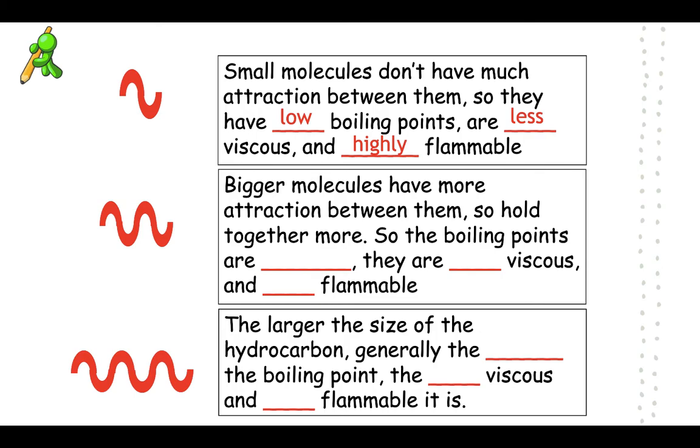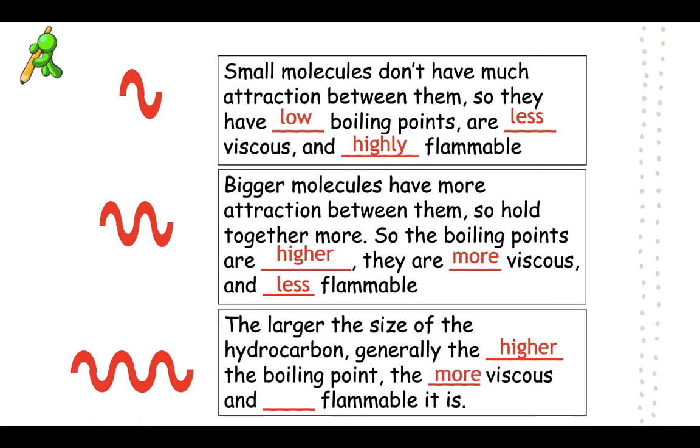Bigger molecules have more attraction between them, so they hold together more, and this means that their boiling points are higher. They're more viscous, which means they're thicker liquids, and they're less flammable. Now, the larger the size of hydrocarbon in general means a higher boiling point.